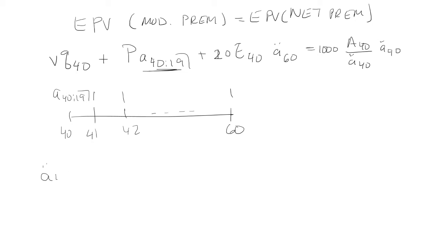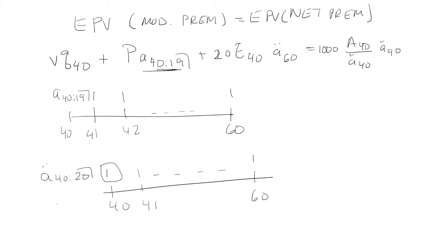Now if we had ä40 angle 20, that starts at the beginning of the first year, which is 40, and goes all the way up to age 60. If we look at the difference between these two, the only difference is the payment of 1 at the beginning of year 40. So I can write that as a relationship.